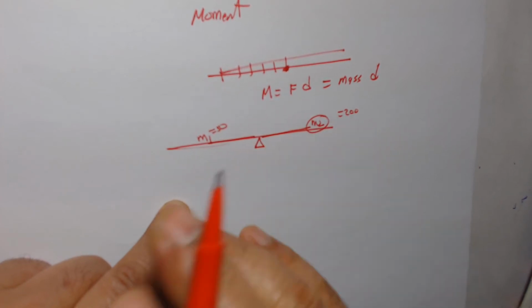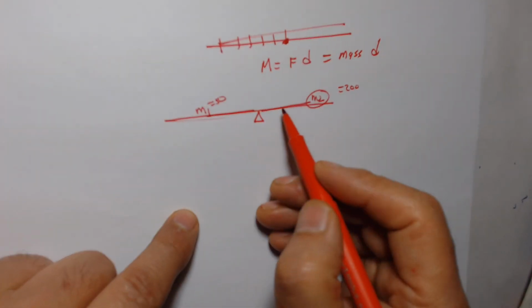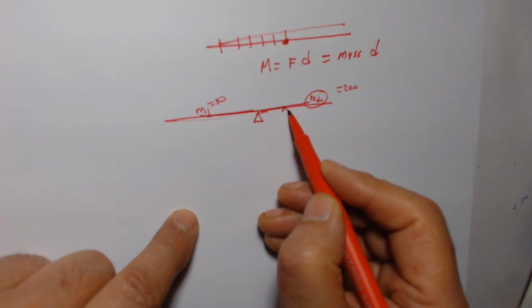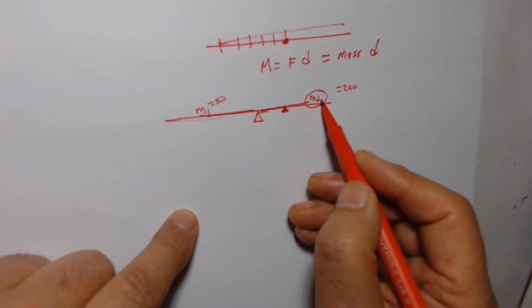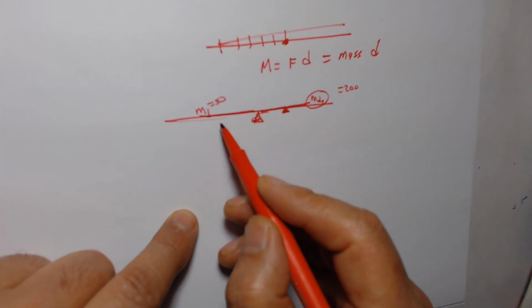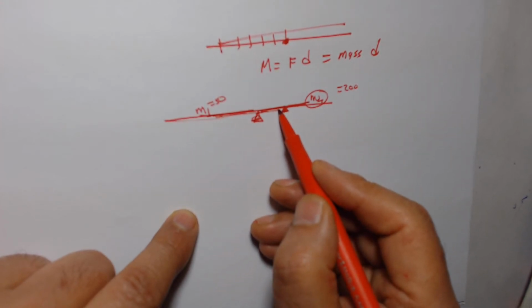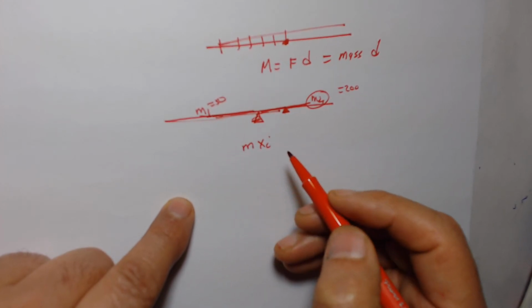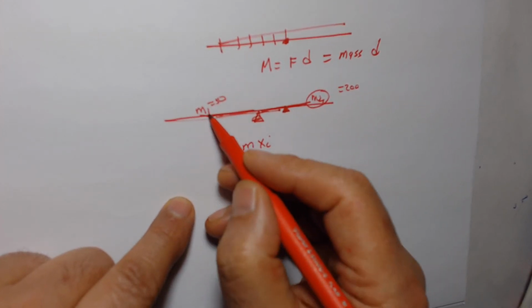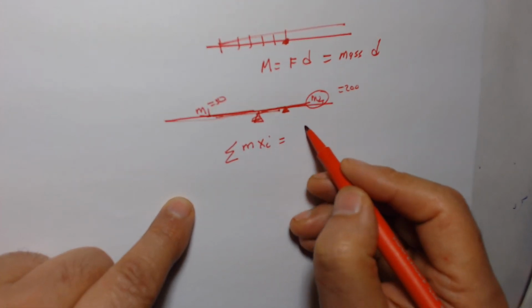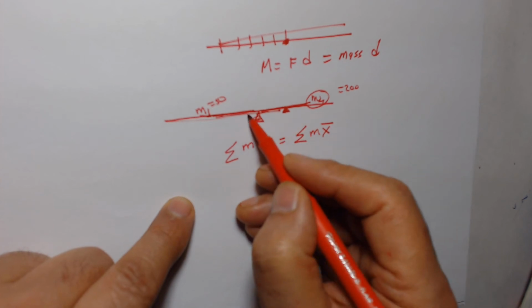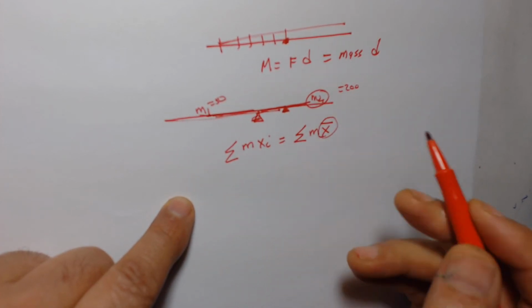The fulcrum in the middle does not do any good. I have to increase his moment by moving the fulcrum here. Therefore, the big number by a small distance is the same as the smaller number by a big distance. Therefore, mass times distance, the sum of it, maybe there are 5 or 6 of them, should be the same as the sum of the masses times where the fulcrum is going to be moved. That's going to be the average.